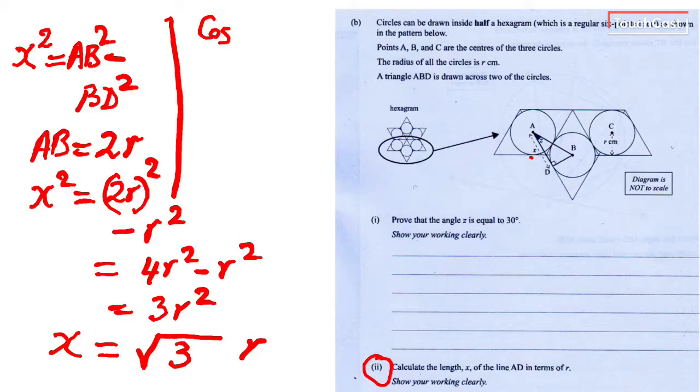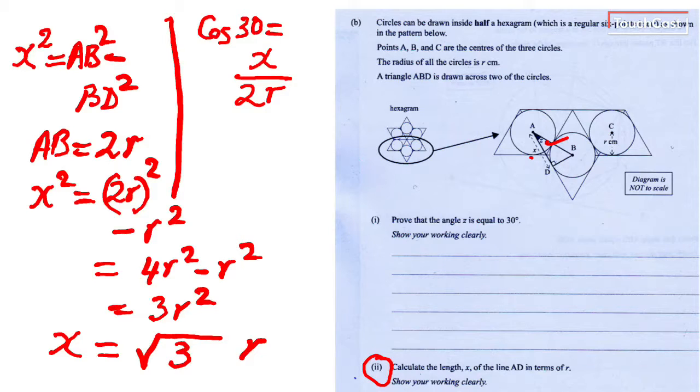Cosine of 30 degrees equals, I'm talking about that angle, x over 2r.